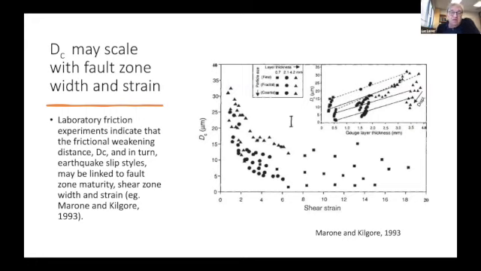So it's linked, basically the Dc is actually linked to the shear strain, but it's also linked to the gouge layer thickness or the fault zone thickness in this picture. Dc is scaling somehow with the gouge thickness. So besides the observation in the field, there is some justification to look at that in the lab and try to use the lab as a first step to get into what we observe in the field, okay?